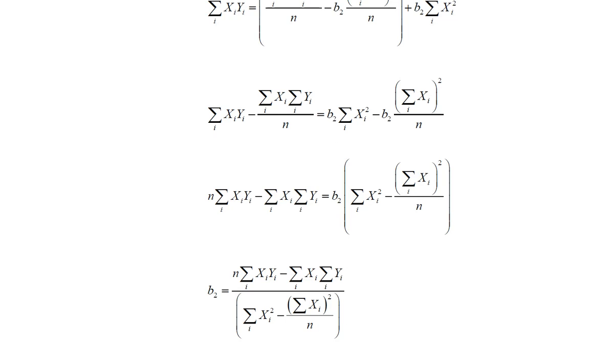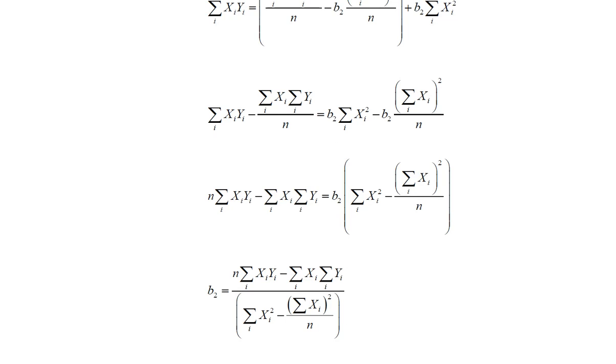Here sum of xi yi minus, we take this term to the right side, sum of xi sum of yi over n, this plus converts into minus when it goes to this side, and we write it as b2 sum of xi square minus b2 sum of xi whole square over n.